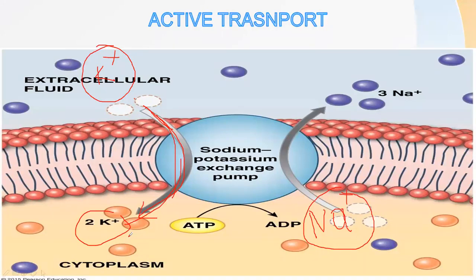You must remember the sodium potassium pump model explains the movement of active transport, how the molecules or atoms can enter and go out of the cell. So this is about the active mechanism.